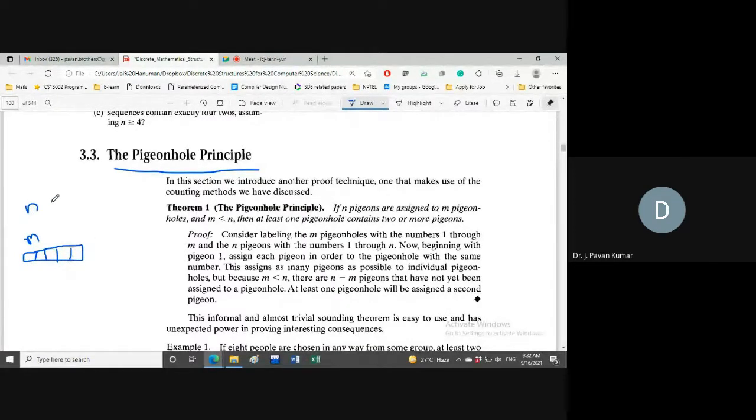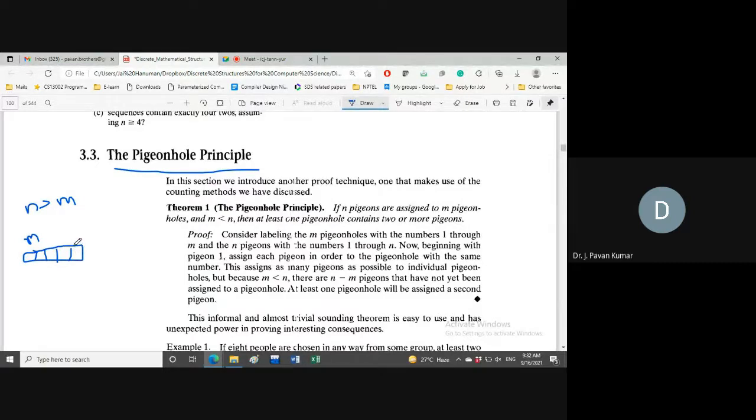Finally, suppose n is greater than m. Then definitely, after filling all the pigeonholes with one pigeon for each pigeonhole, we will be left with at least one more pigeon. Then that has to be placed in one of the pigeonholes where we have put already one pigeon.